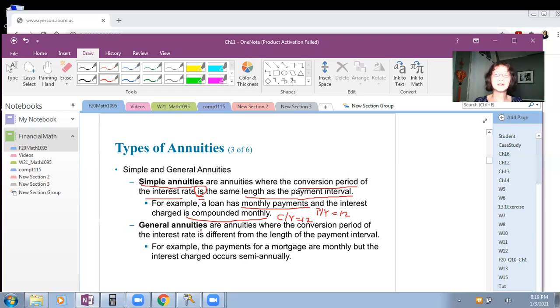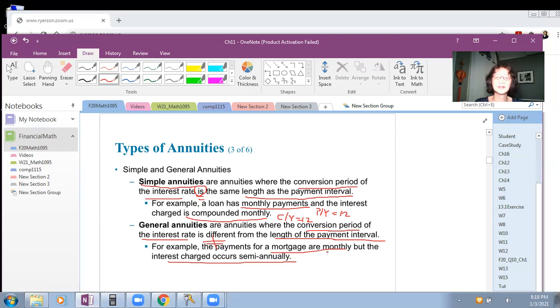General annuity. You have a situation where the conversion period of the interest is different, meaning not equal to the length of the payment interval. For example, you make a mortgage payment every month, but interest is compounded semi-annually.